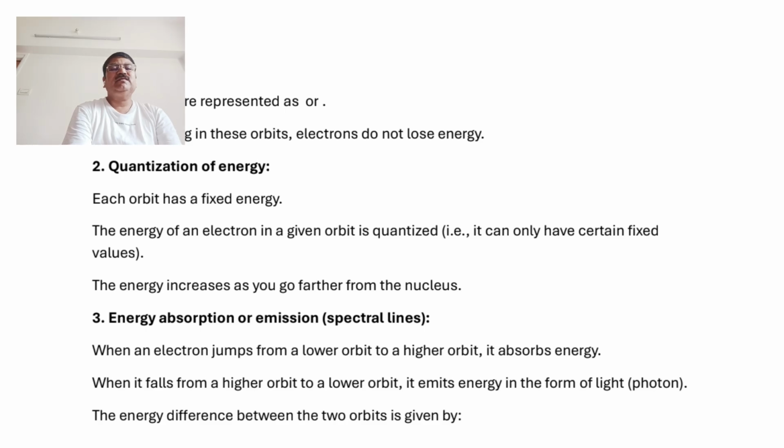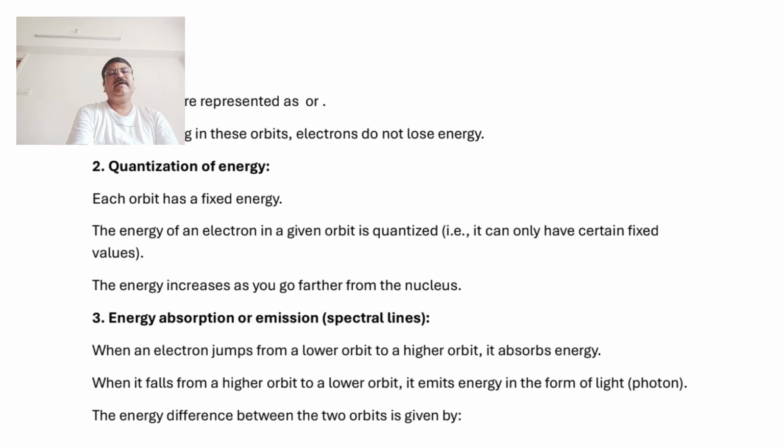That means during the revolution or continuous movement, electron never loses the energy. This energy is quantized, having fixed energy. So energy of each energy level corresponds to the electrons present in the same orbit.